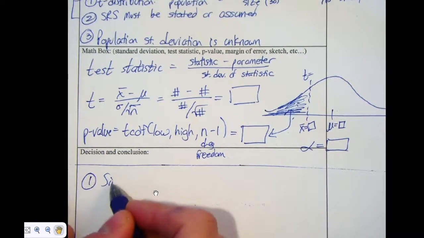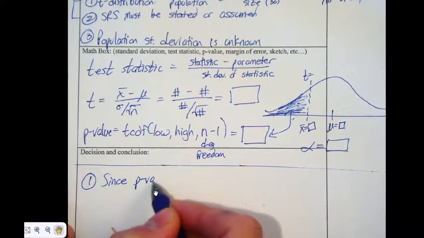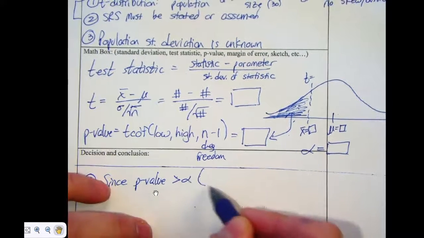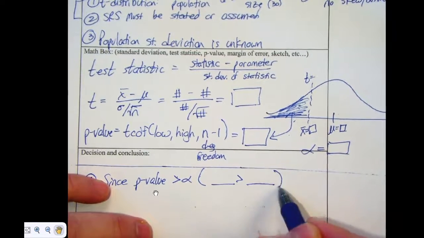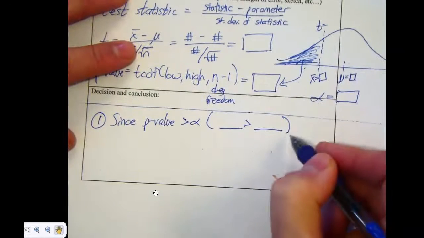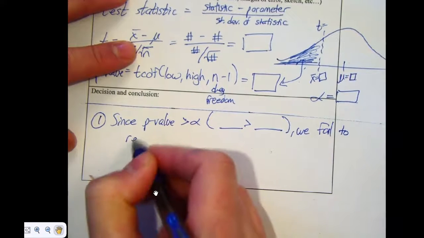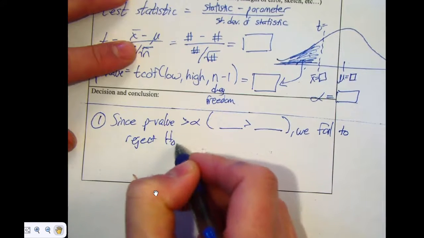Two options for the decision. Since p-value is greater than alpha, and then you verify that with numbers, you fail to reject H0.